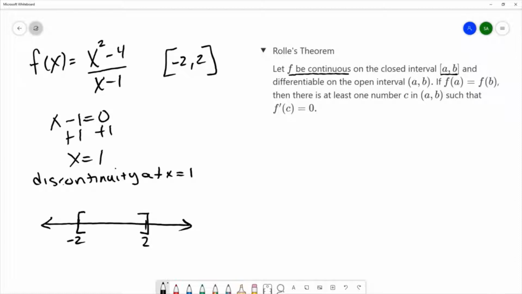Inside that interval we have 1, about right here, a discontinuity. So our first condition of Rolle's theorem is not met. The function is not continuous on the interval from A to B, and so Rolle's theorem cannot be applied.